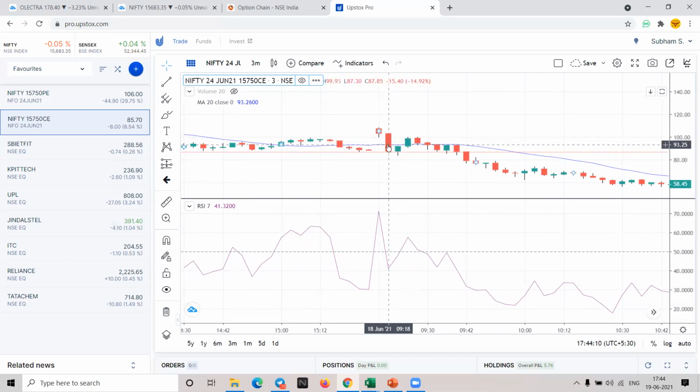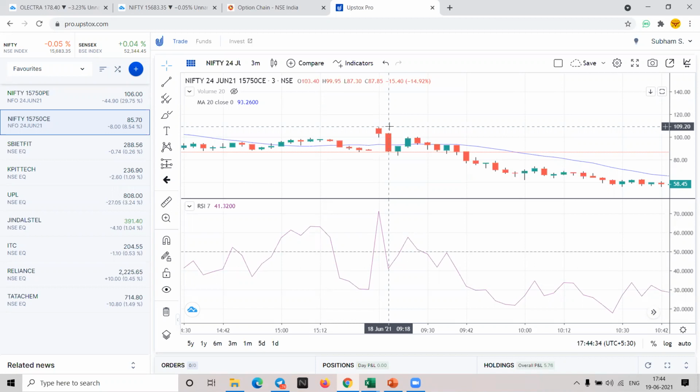And now let me just tell you the size of this candle. What is the size of this candle here? Just look at the high low close value from the top and tell me what is the size. So 87 is the low, high is around 100, the size is around 12 points.